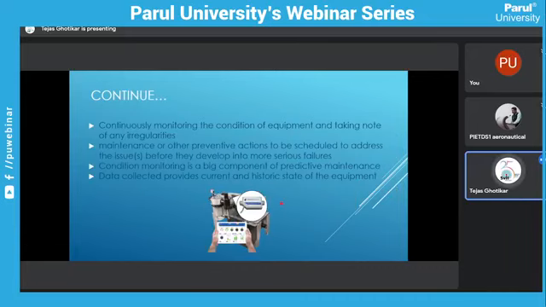Nowadays, you all must have heard about the Internet of Things, or the new term that is coming up, the Industrial Internet of Things or Industry 4.0. In that case, we are connecting our system with the internet, and we can even control the system from remote locations.